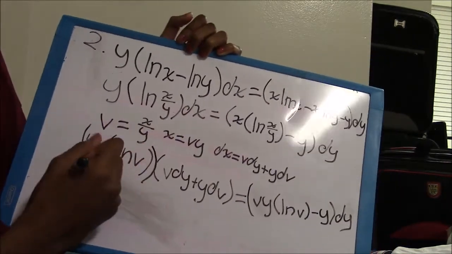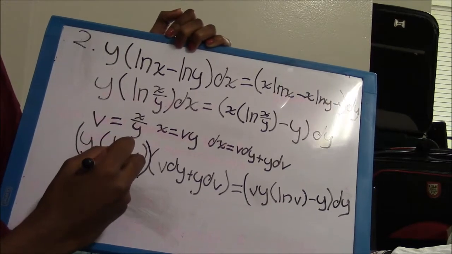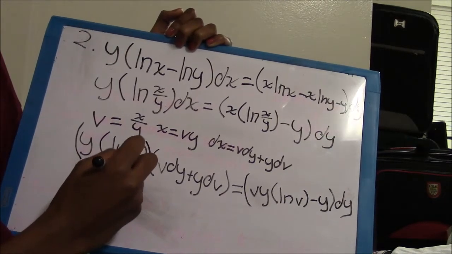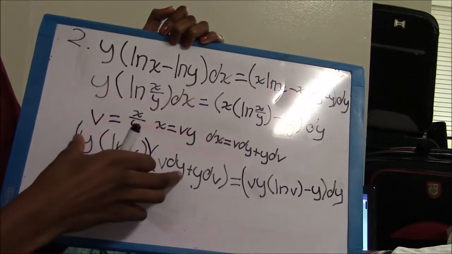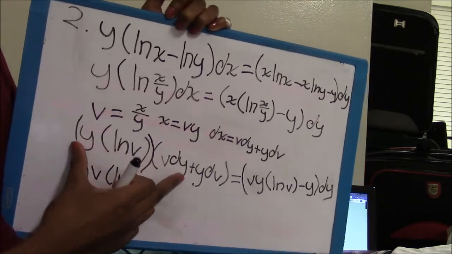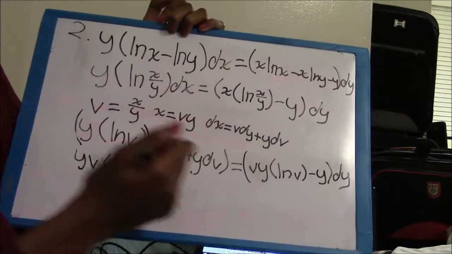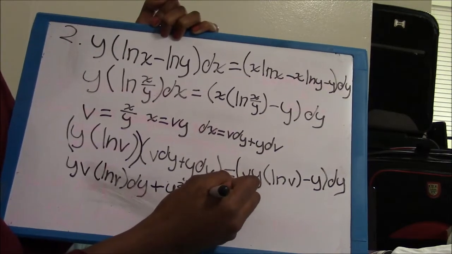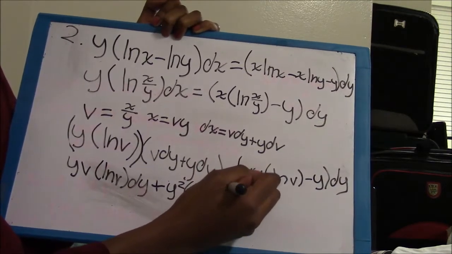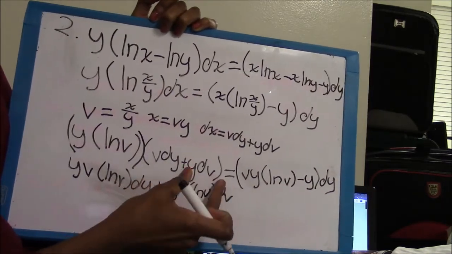So from here we're going to end up with y v times the ln of v times dy, because we multiply this together. And then we're going to do plus y squared times the ln of v times dv, because we multiplied this and this.